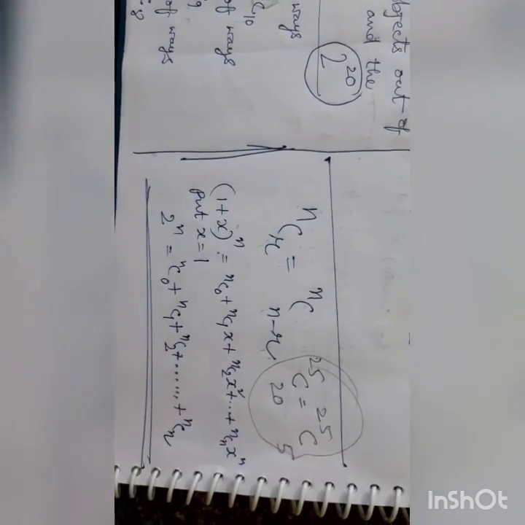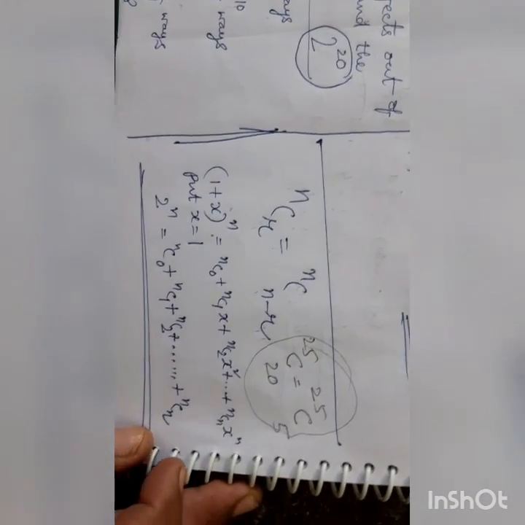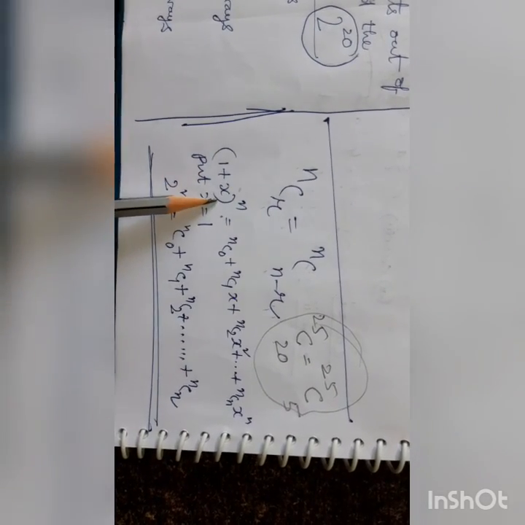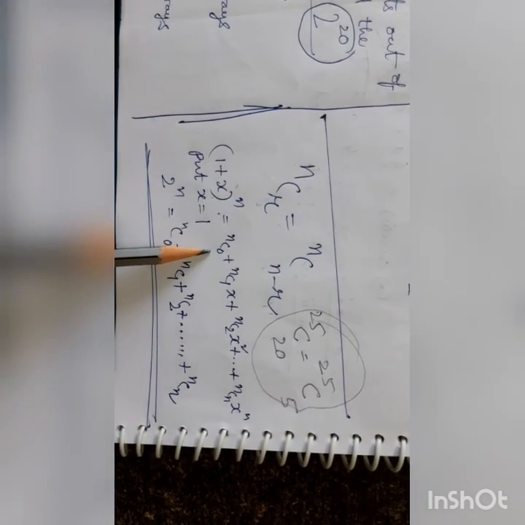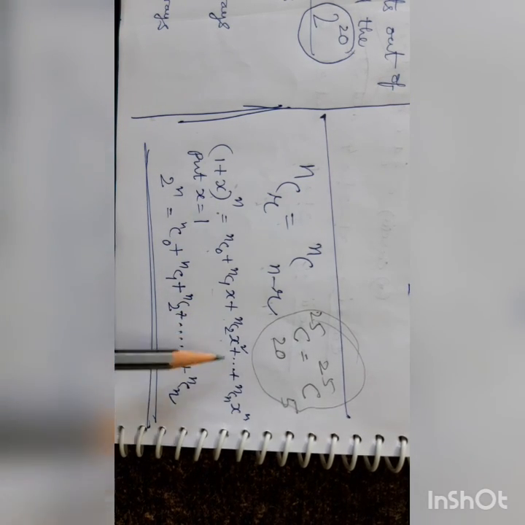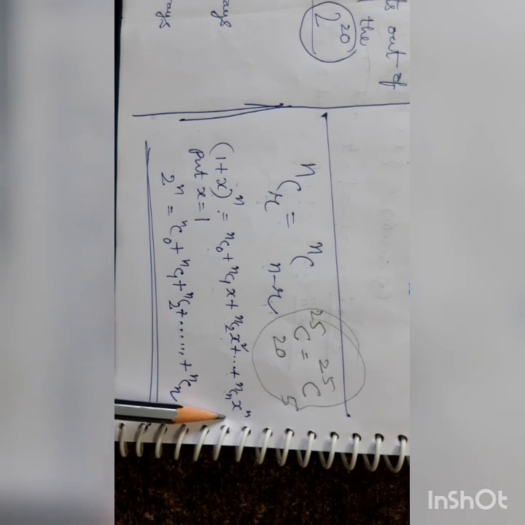What is the formula? (1 plus x) to the power n equals nC0 plus nC1 x plus nC2 x squared and so on, plus nCn x to the power n.